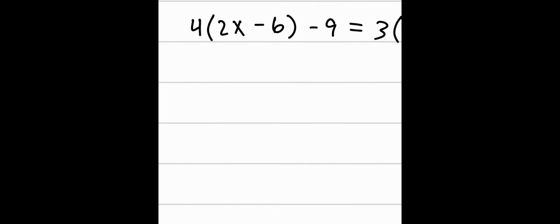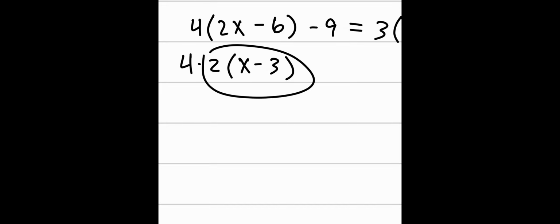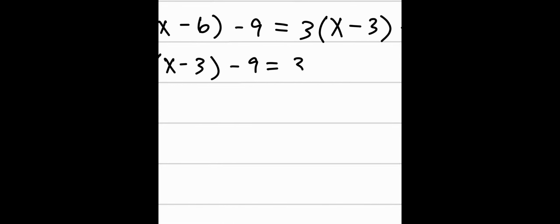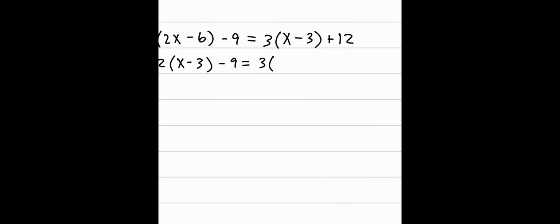And when I factor out that 2, it's just going to go right in front of the parentheses, so 2 times (x minus 3). And I still have this 4 out here that I'm multiplying it by, right? So again, this 2 times (x minus 3) is the same thing as 2x minus 6. If you were to distribute it, you get 2x minus 6. So we're allowed to do that. And then minus 9 equals 3 times (x minus 3) plus 12.